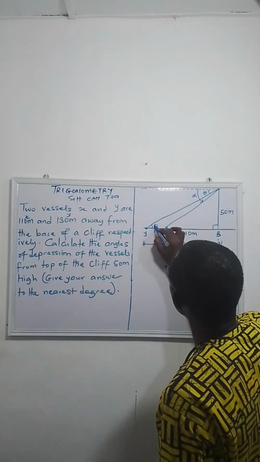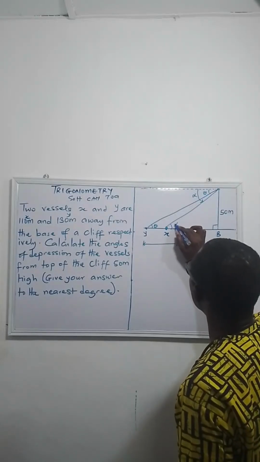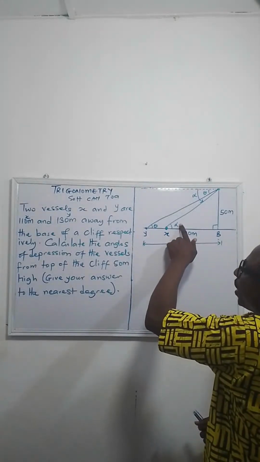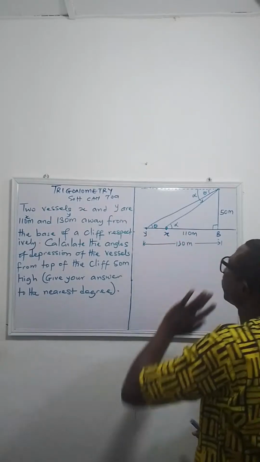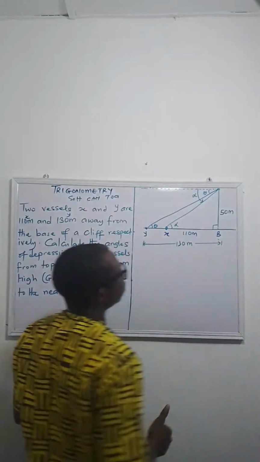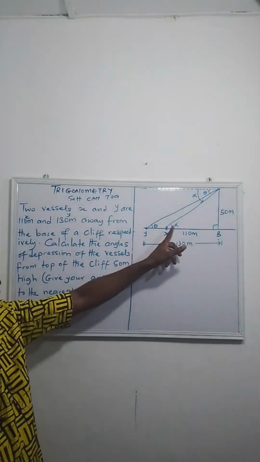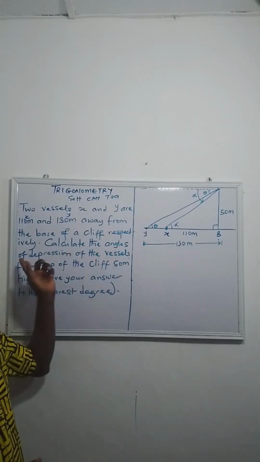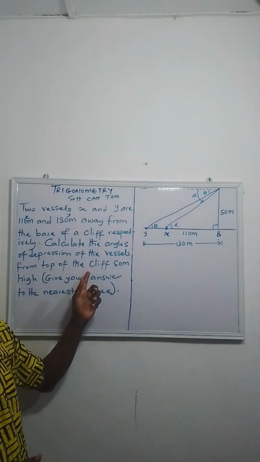So this is going to be theta, and this one is going to be alpha. So it's so obvious now that this angle here, alpha, will be bigger than theta. We have to get these two angles. That's what the question wants us to get. We have to calculate the angles of depression of the vessels from the top of the cliff.